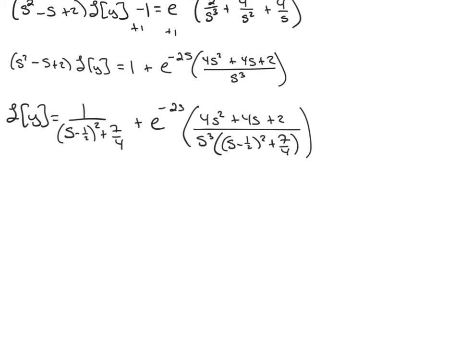Okay, when you're doing the partial fraction decomposition for this ugly thing multiplied by the e to the negative 2s, you might want to leave this as s squared minus s plus 2 times s cubed. But completing the square form is certainly nice for when we take the inverse Laplace.